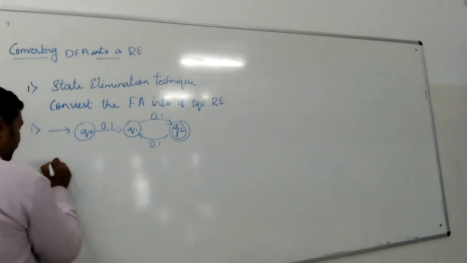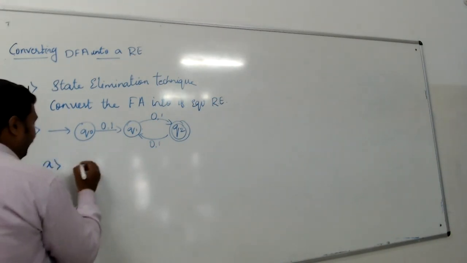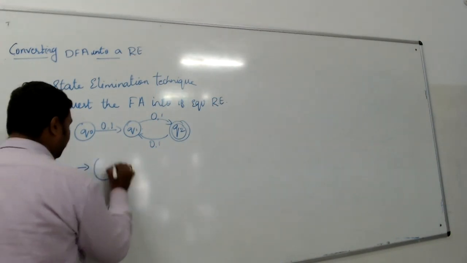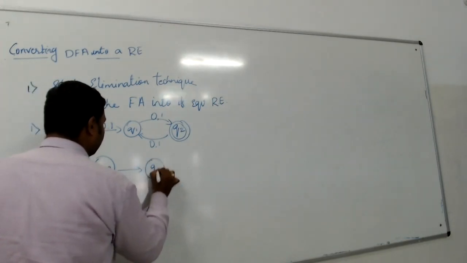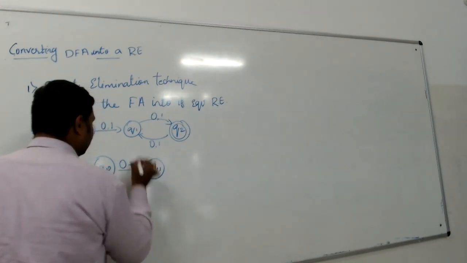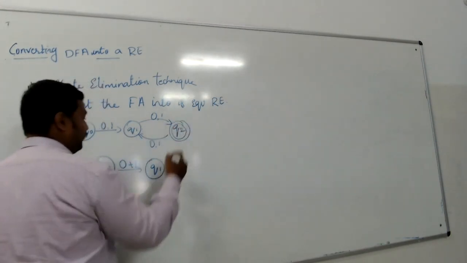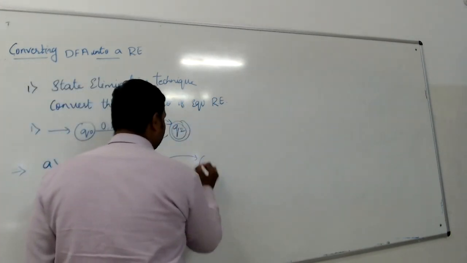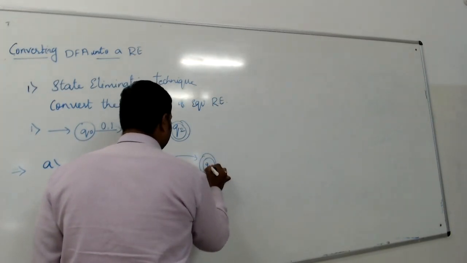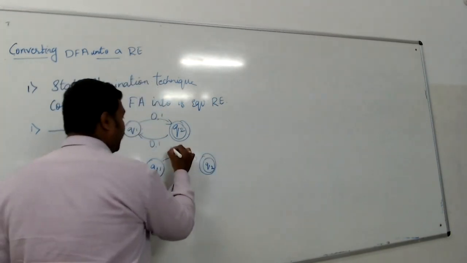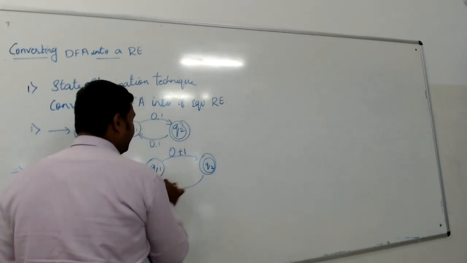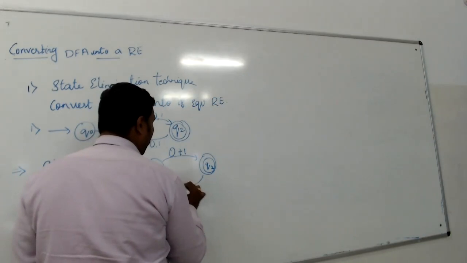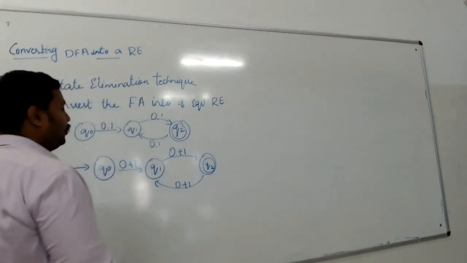The first step, convert that: 0 or 1. Similarly, Q1 upon either 0 or 1 is moving on to Q2, and again Q2 on 0 or 1 is moving on to Q1.